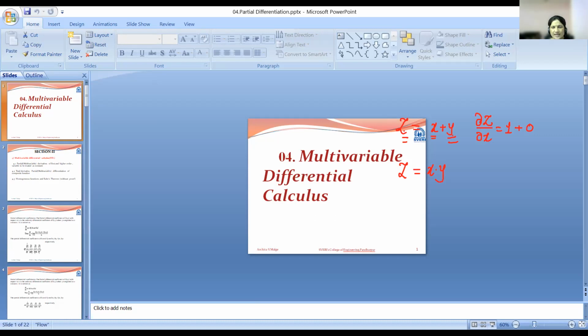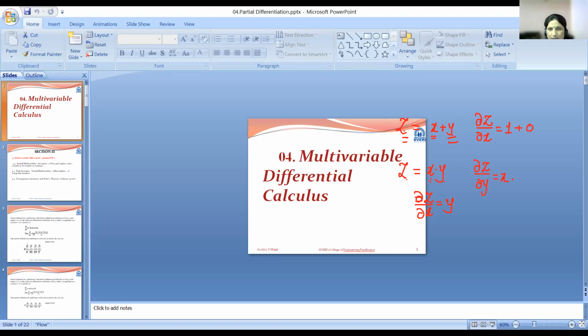In the same way, z is equal to x into y. While we are taking the derivative of z with respect to x, at that time y will be constant, means here dou z by dou x is equal to y, and dou z by dou y is equal to x. Means one term or one variable will be constant.